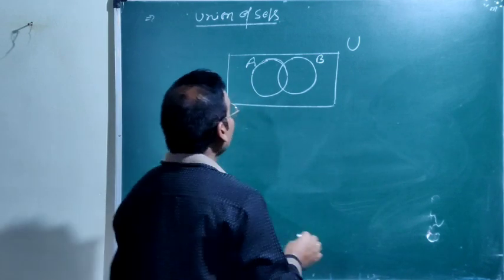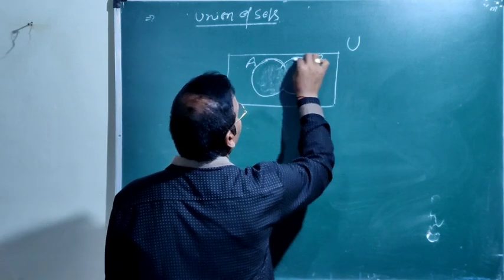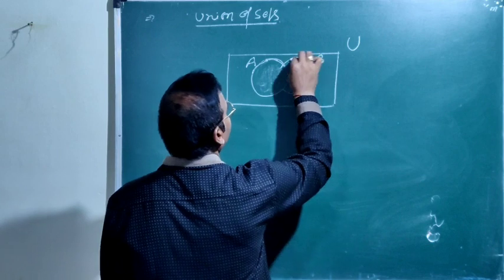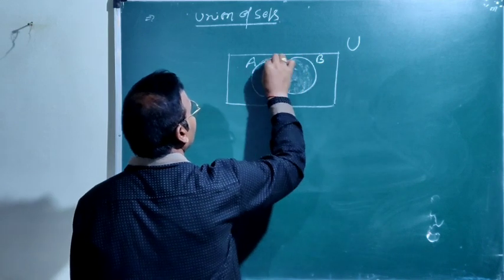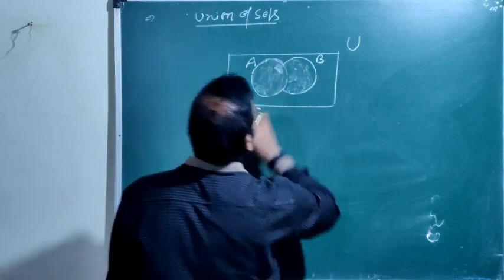So this shaded area is called the union of the sets.